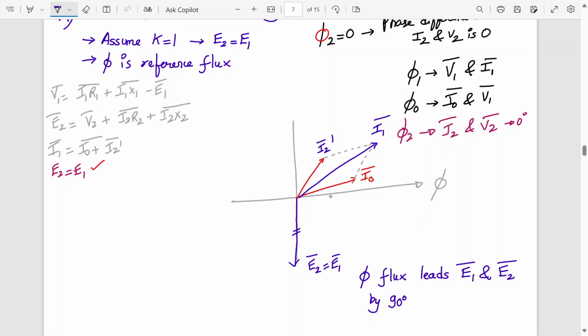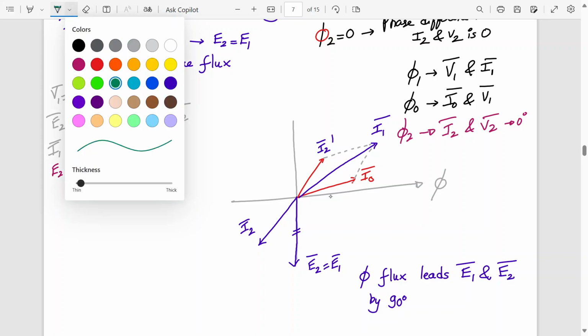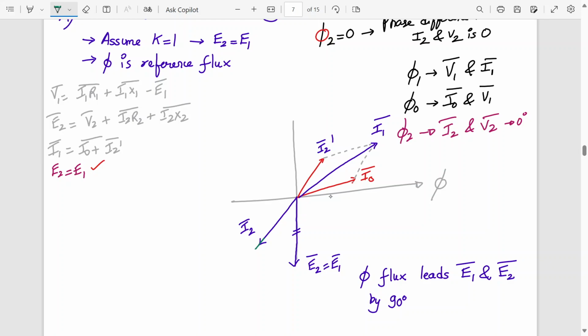So where will be I2? This will be I2 bar. Agree? And I2 and V2 direction should be the same, on the same line. So let's say this is V2.